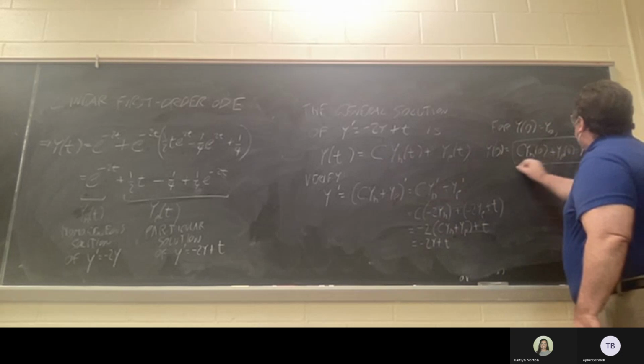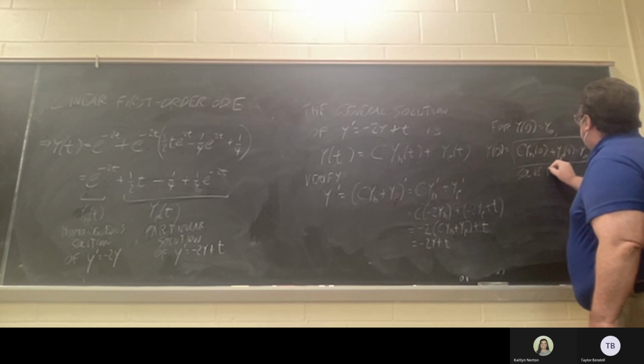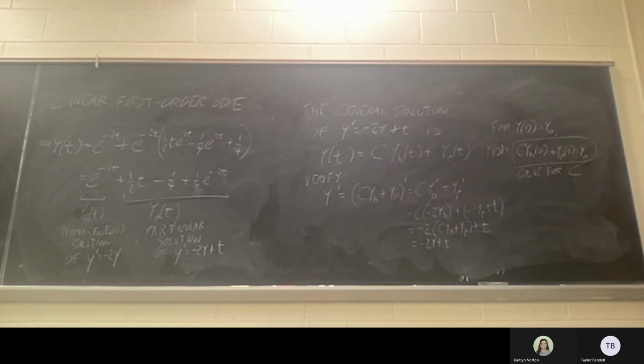So you have to solve this equation for C. Now, in my example, I came up with a homogeneous solution so that this part is equal to 1, and for a particular solution, I plug in 0 and get 0.